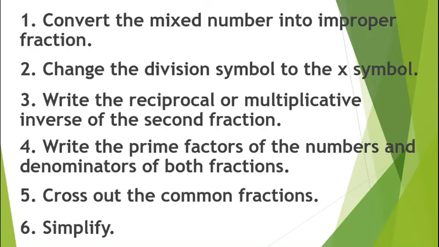Second, change the division symbol to a times or multiplication symbol. The third one is the reciprocal or multiplicative inverse of the second fraction. And the fourth, write the prime factors of the numerators and denominators of both fractions and cross out the common factors between them. And finally, you need to simplify.